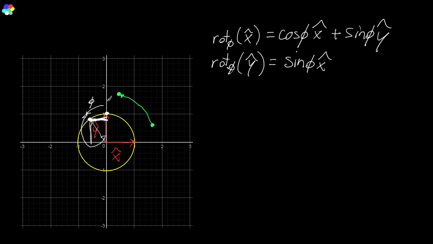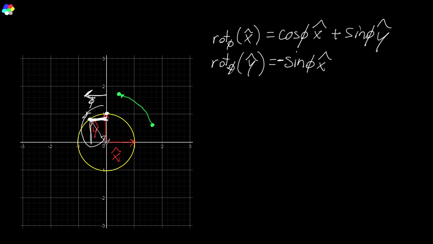But notice that here, it's going in the negative direction. This line is moving in the negative direction, or it's positioned in the negative direction. I don't know how you say it, but anyways. So that means we've got to add a little negative here. The length of this is going to be sine phi, but that is moving in the negative direction, so we've got a little negative in here. Fair enough?